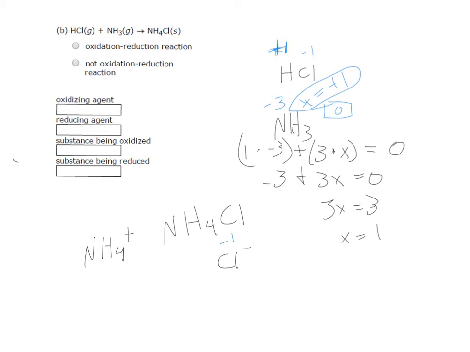For the other ion within that compound, the ammonium ion, we'll consider which atom is more electronegative. Between hydrogen and nitrogen, nitrogen is the more electronegative atom. That means that hydrogen will take whatever charge is needed, so that when the oxidation states are added together, we get the overall charge, which is non-zero in this case.